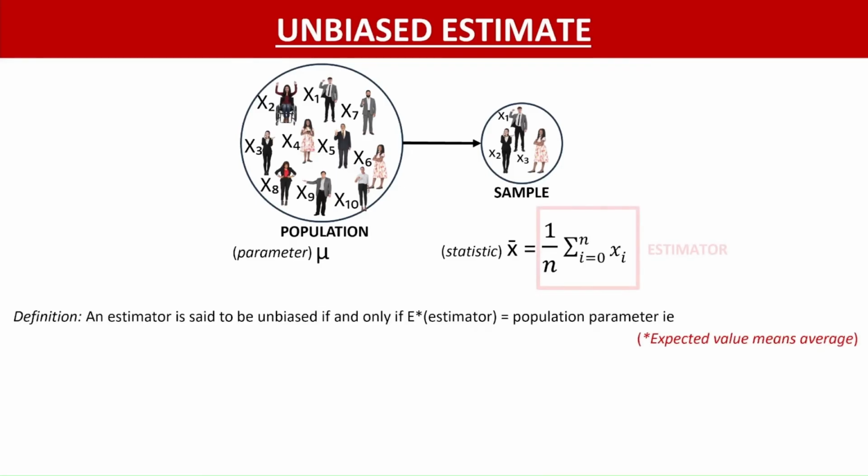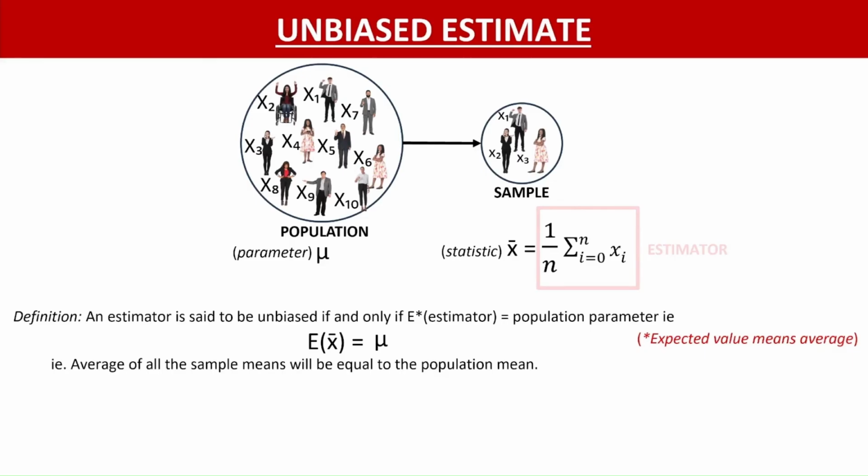An estimator is said to be unbiased if and only if the expected value of the estimator is equal to the population parameter. Expected value means average. Remember, expected means average. That is, the expected value of the sample mean is equal to the population mean.